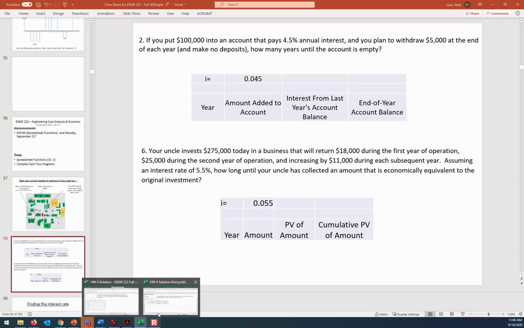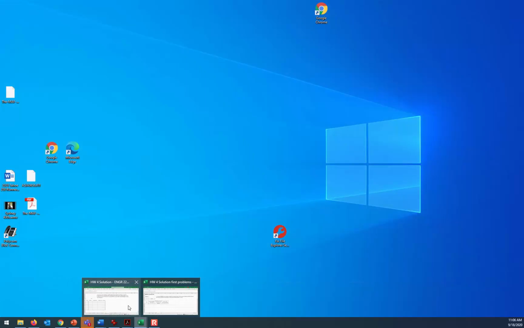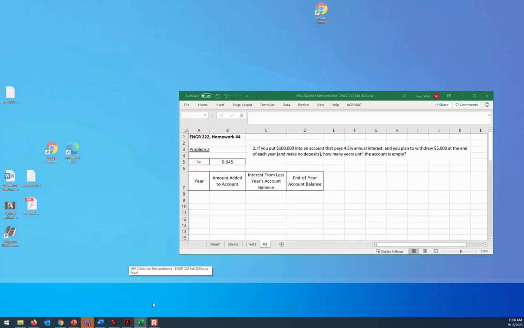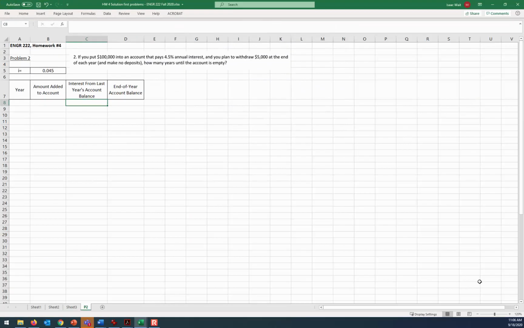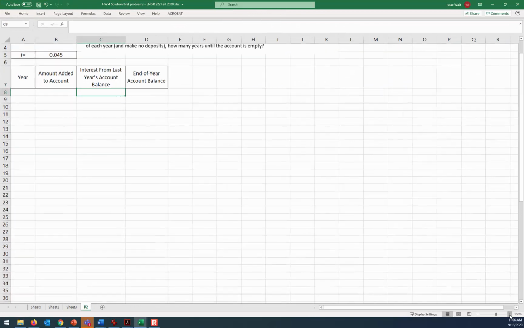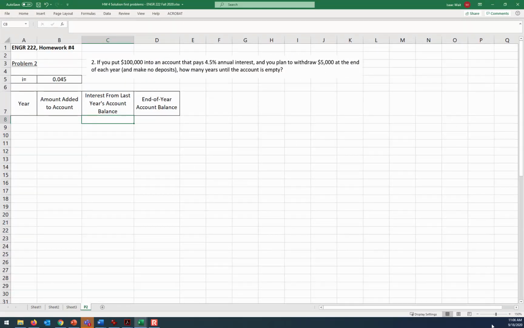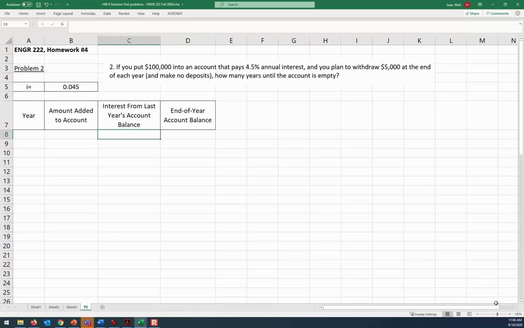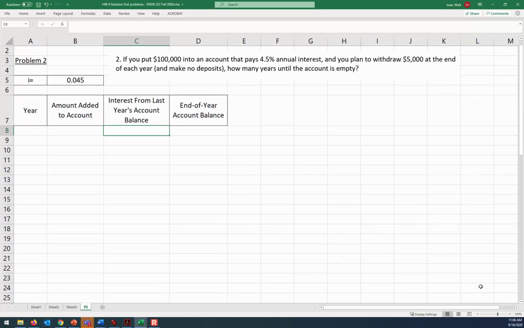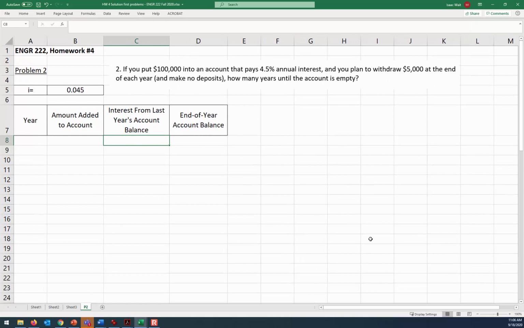All right, so the first one: you put $100,000 into an account that pays 4.5% annual interest, and you plan to withdraw $5,000 at the end of every year, and you're not making any deposits besides that first 100,000. How many years until the account is empty?